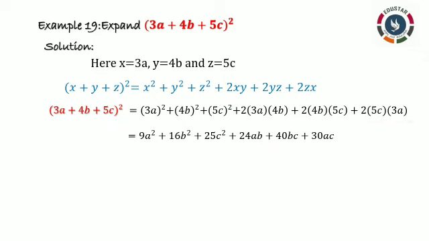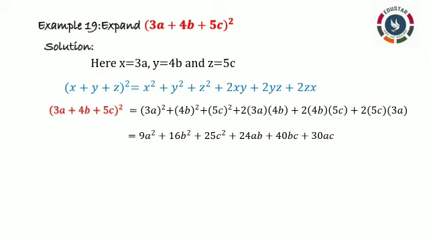So, our next step is 9a² + 16b² + 25c² + 24ab + 40bc + 30ac. So, we have expanded the given sum.